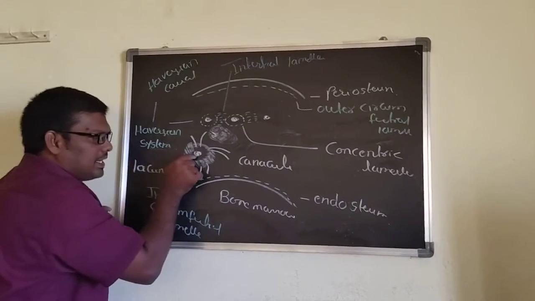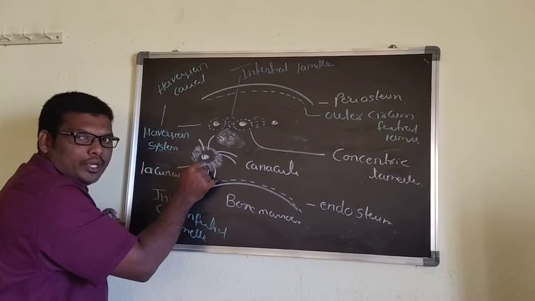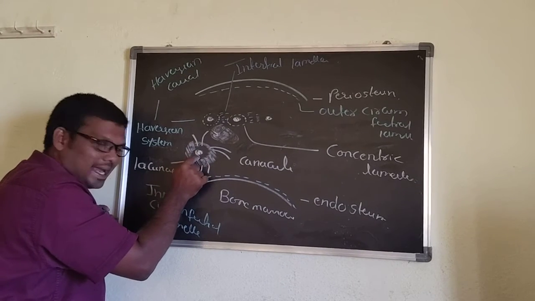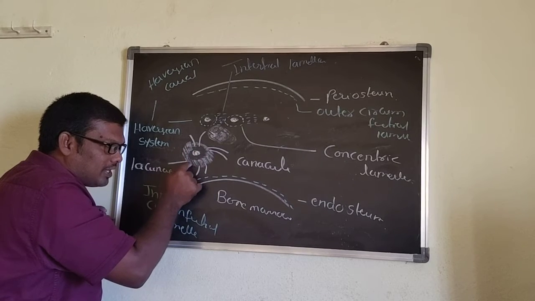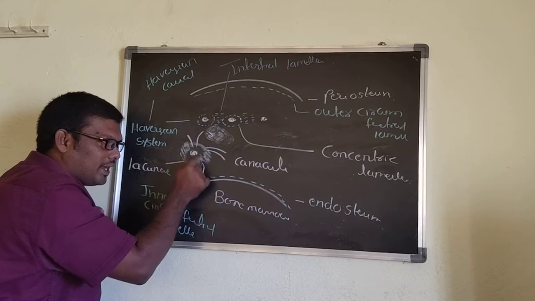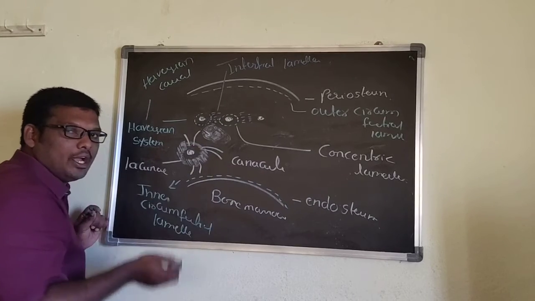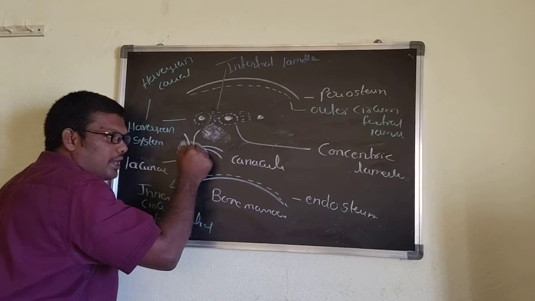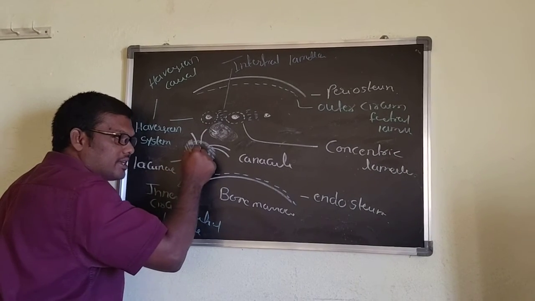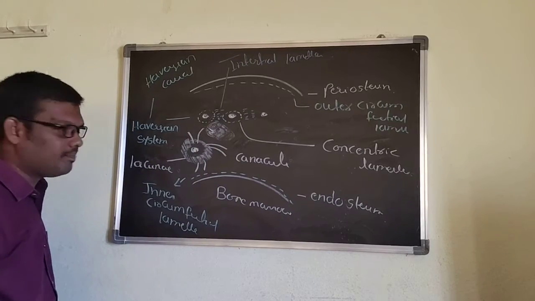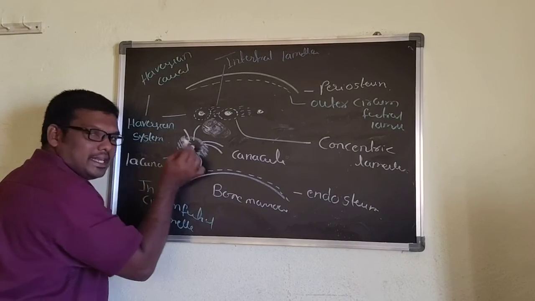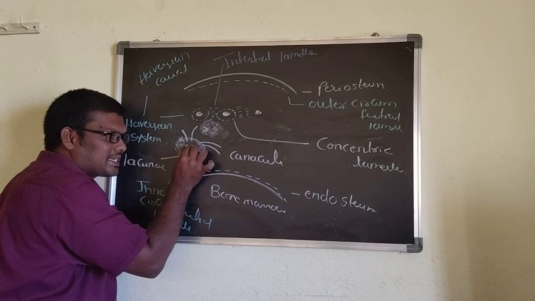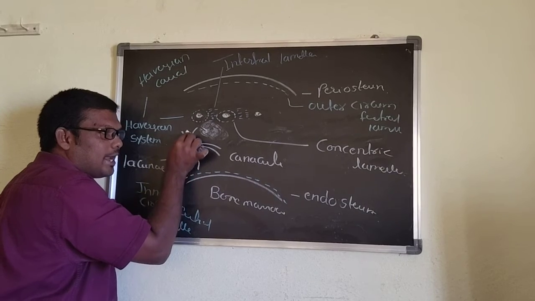Now this is the osteon, or bony unit. The osteon, or Haversian canal, is surrounded with fluid filled cavities, the lacunae, and also has canaliculi. Canaliculi is the interconnection between one lacunae and another lacunae, and one Haversian canal and another Haversian canal. Here the cell has a cytoplasm, and this cytoplasm is extended into the canaliculi.